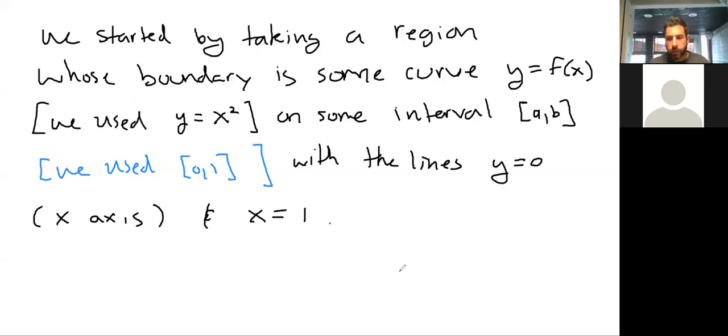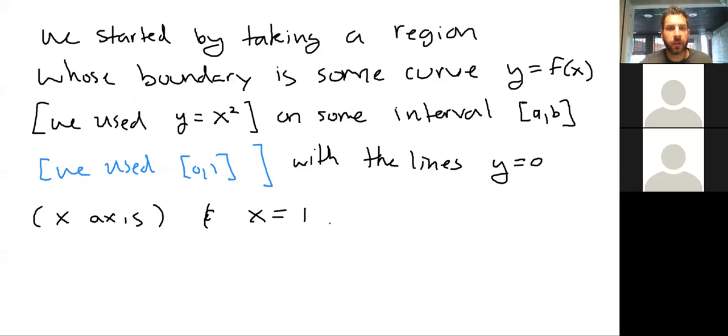So just to remind you what this shape looked like, let me sketch this again real quick.